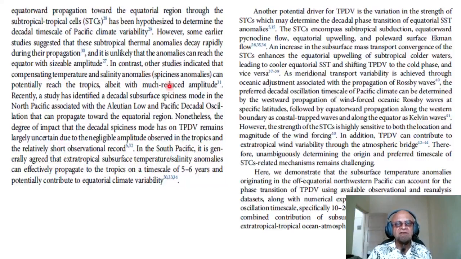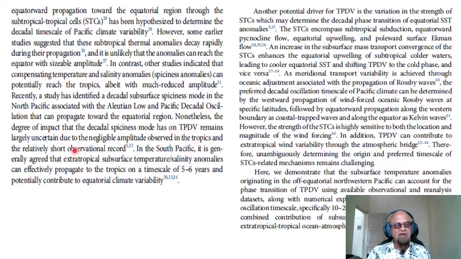In contrast, other studies indicated that compensating temperature and salinity anomalies, so spiciness anomalies, can potentially reach the tropics, albeit with much reduced amplitude. Recently, a study has identified a decadal subsurface spiciness mode in the North Pacific associated with the Aleutian Low and Pacific decadal oscillation that can propagate toward the equatorial region.